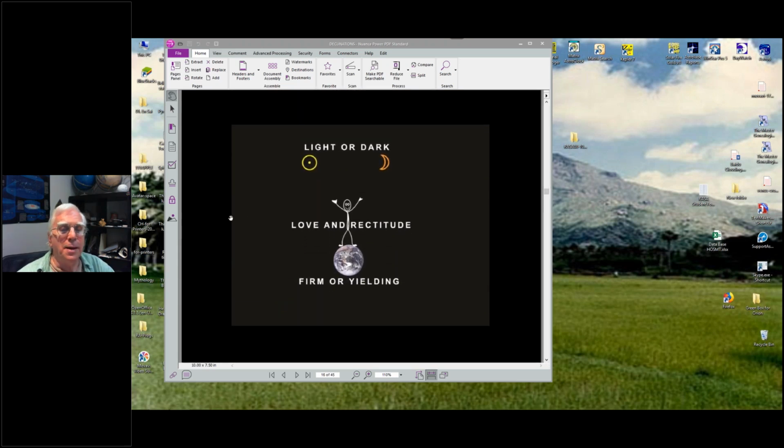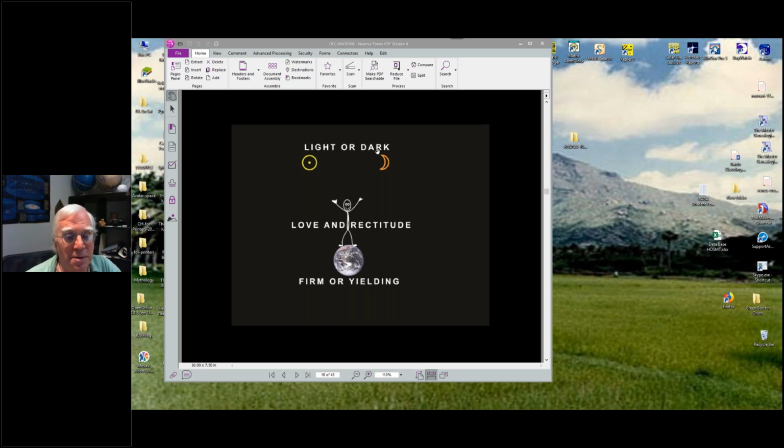And here we are, man, inside, between the firm and yielding forces below and the light or dark of the heavens above. And man is experiencing love, or we're either in love or we're rectifying the situation. If we're in love, we're radiating to everyone, touching everything. But if we're not, we're having to fix it, adjust it, juggle it, manipulate it, change it, strategize it, work with it, whatever.